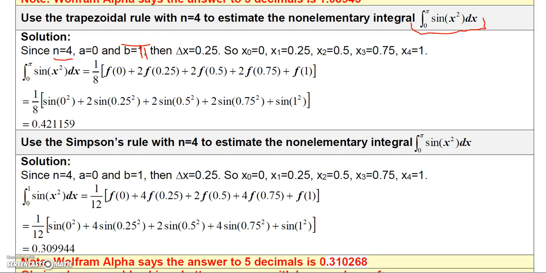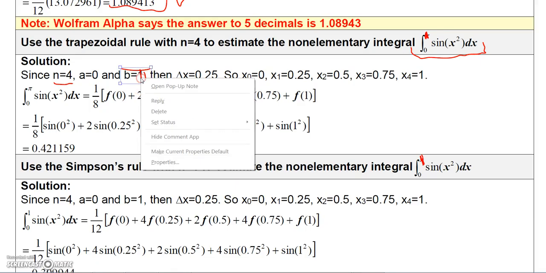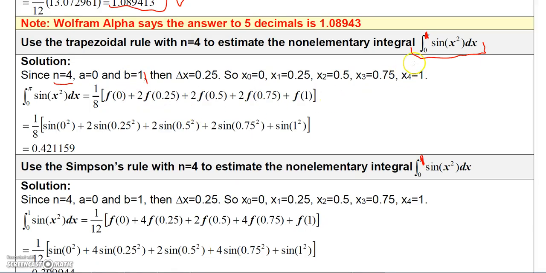Actually, I'm wrong here, I have it wrong up here. This should be 0 to 1, not 0 to pi. So make that a 1. Okay, so again, n equals 4, a is 0, b is 1, and I'm going to get the same values for x0, x1, x2, x3, and x4.